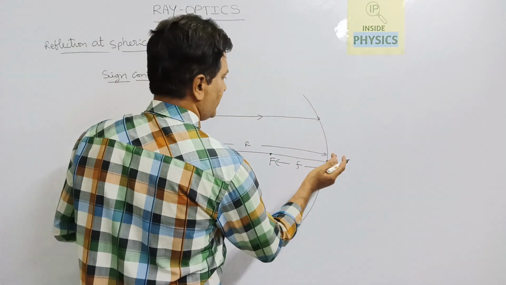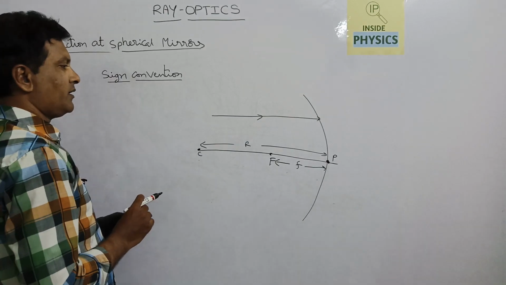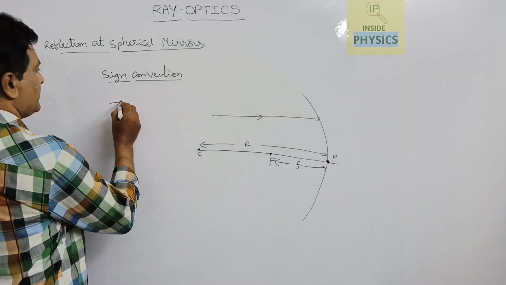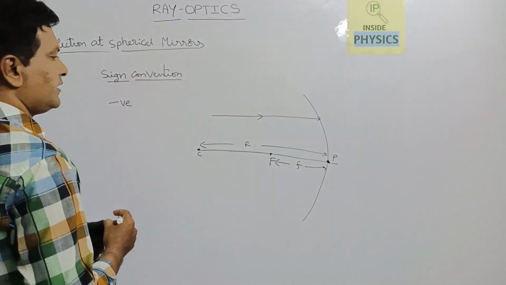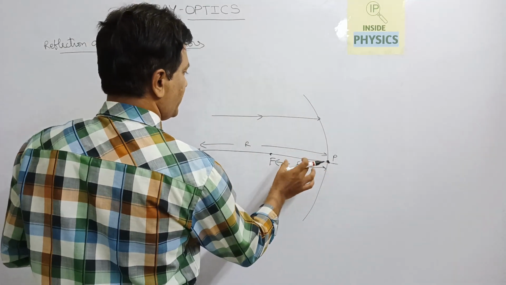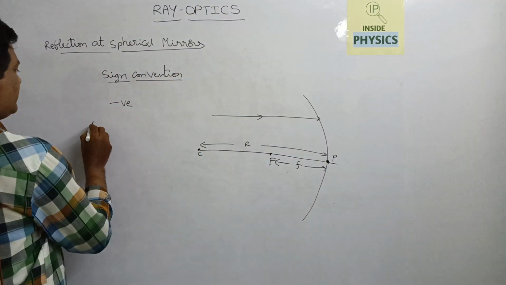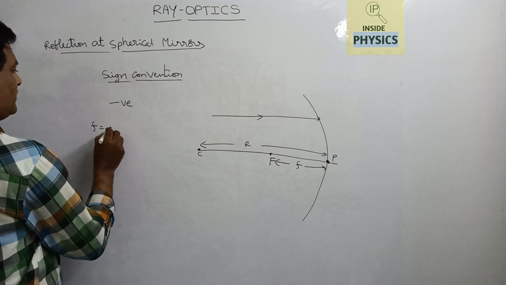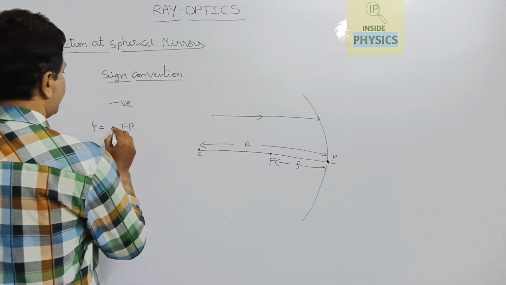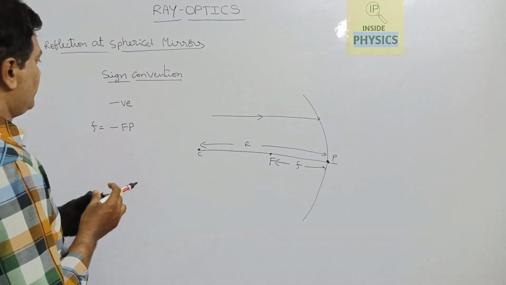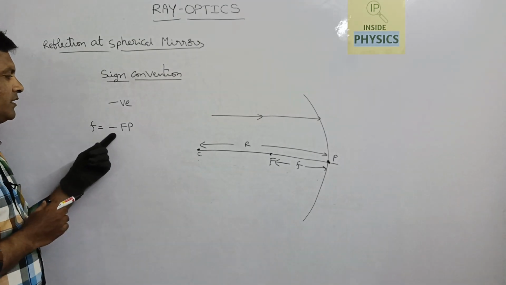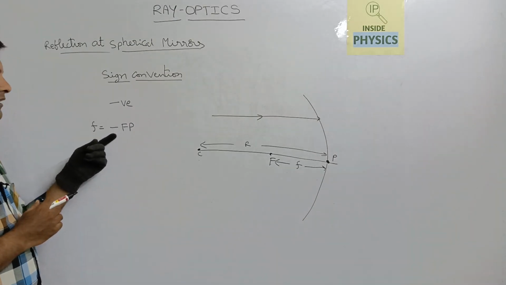Here the sign convention will be negative for these distances. Suppose FP is the focal length, we put a negative sign before it, meaning it is measured opposite to the light direction.